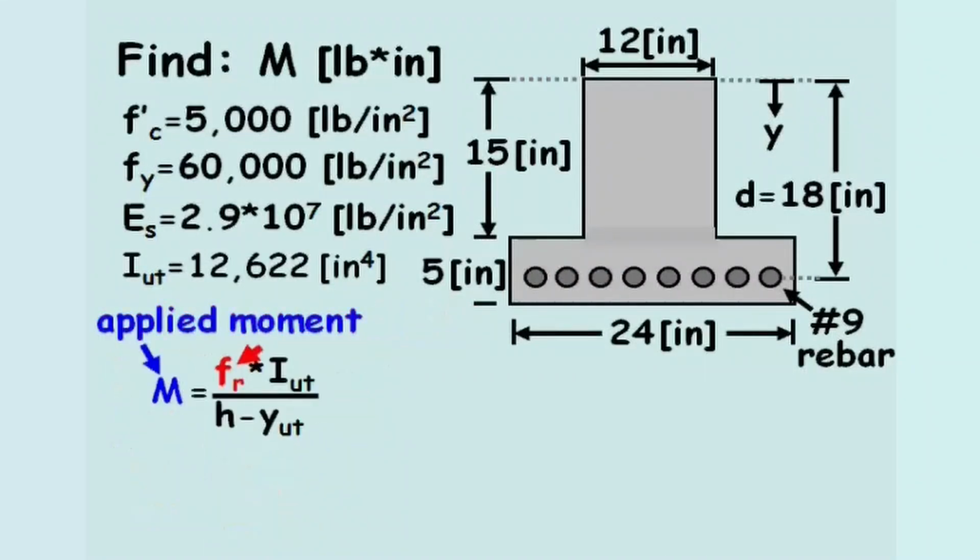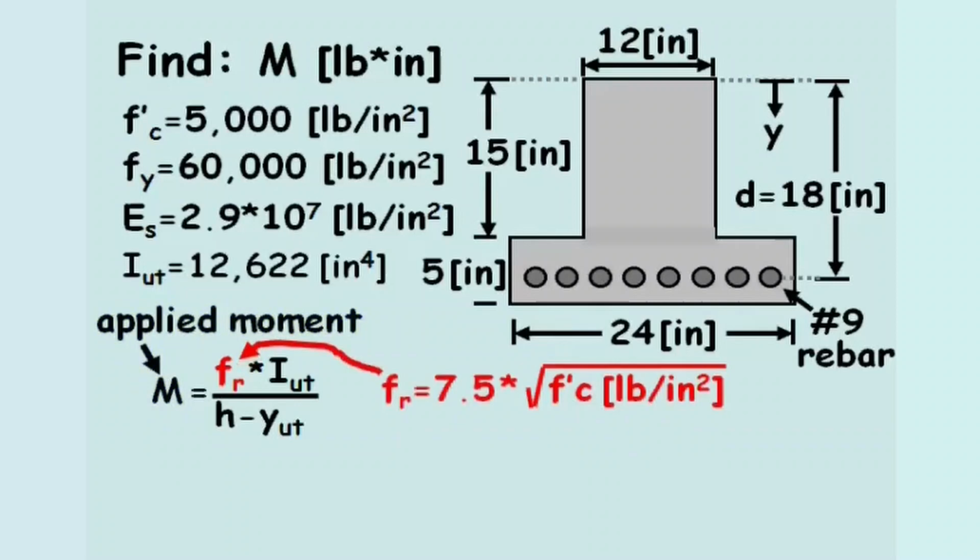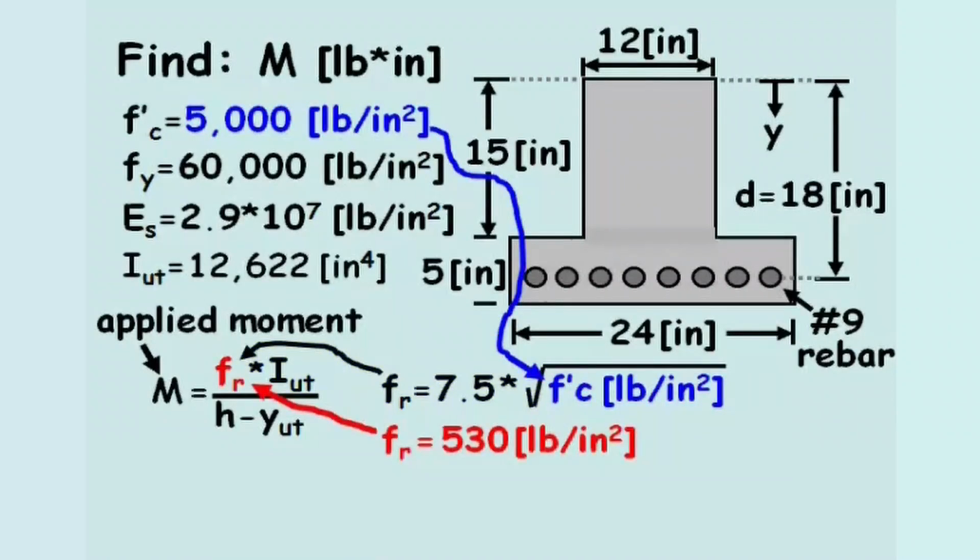The modulus of rupture for concrete equals 7.5 times the square root of the compressive strength of concrete in pounds per square inch. This equation returns a modulus of rupture with the units of pounds per square inch. After plugging in the given value for f prime c, the modulus of rupture equals 530 pounds per inch squared.